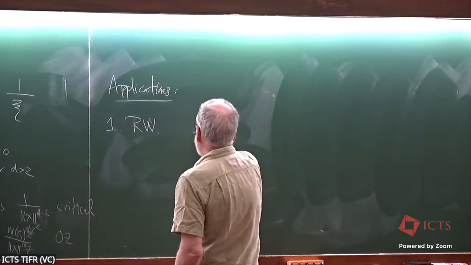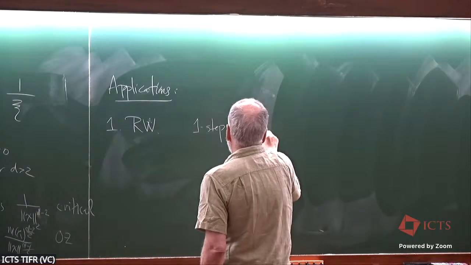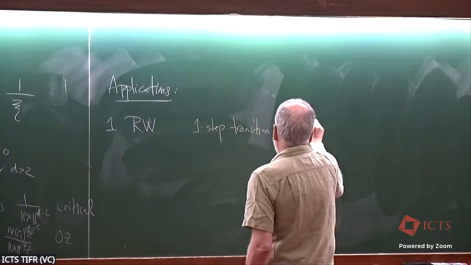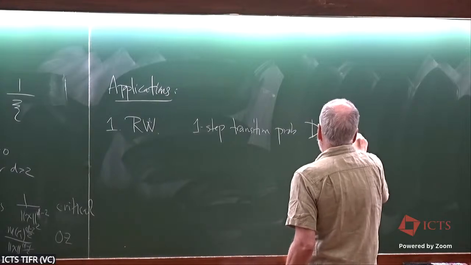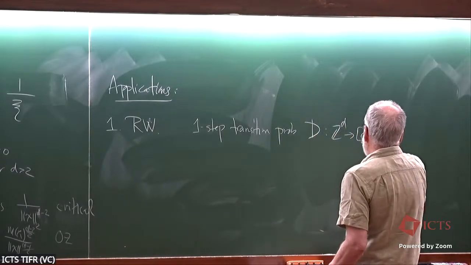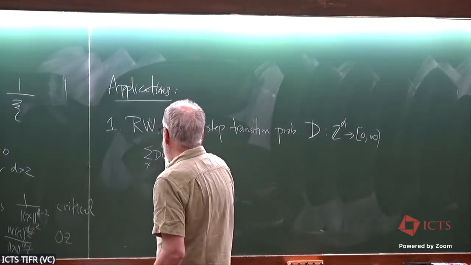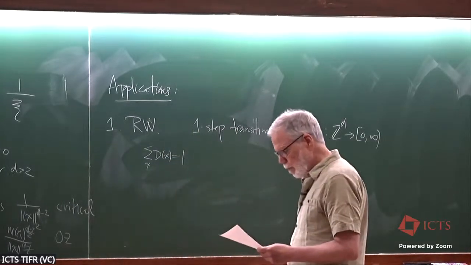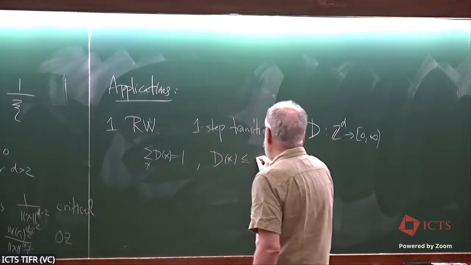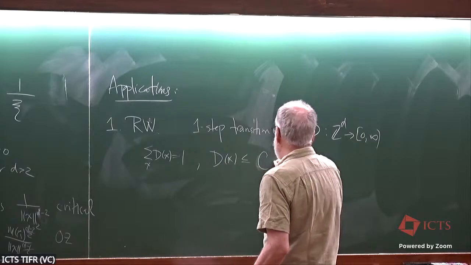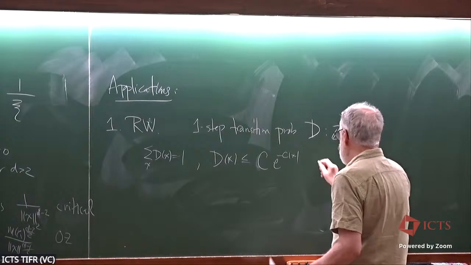So we'll have some one-step transition probability D. It's a map from Z^d to [0, infinity) that sums up to 1, a probability distribution. And I want it to decay exponentially. So it should be less than C e to the minus cx for some c's.